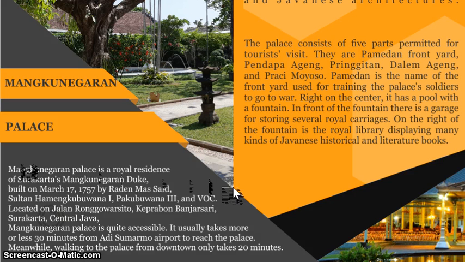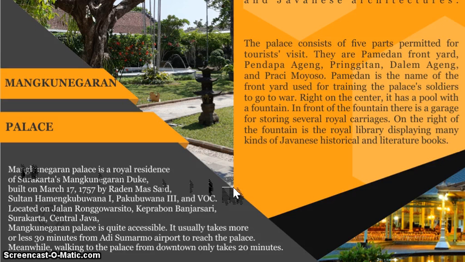For example, probably you need to mention the date of the establishment, the date of when the Mangkunegaran Palace was built, and then the second sentence is what it is for, that is for the royal residence, and then the third is about some other information.